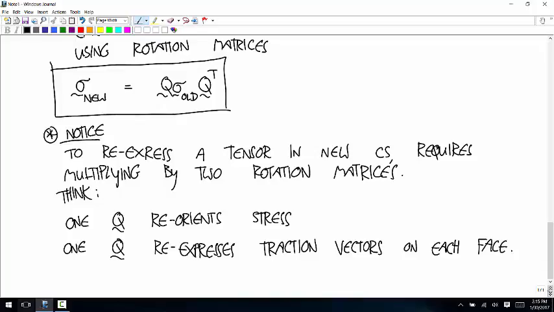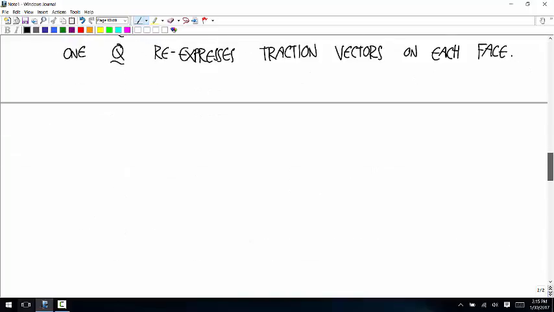All right, so let me do an example with the stress tensor. So let's say we have a stress tensor that's equal to 5, 0, negative 1, 0, 10, 0, and then negative 1, 0, positive 2.